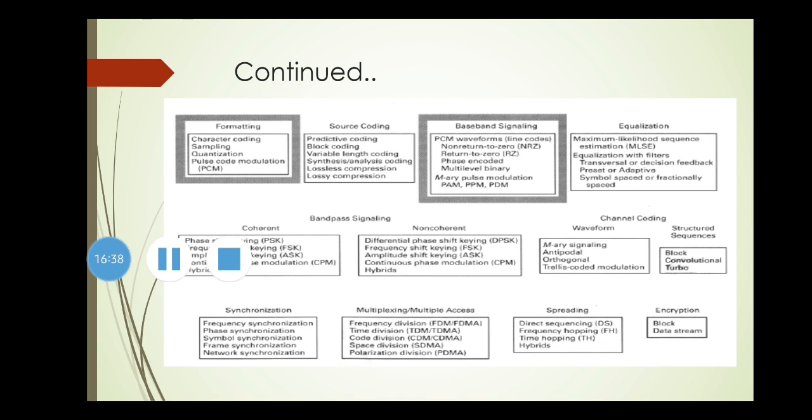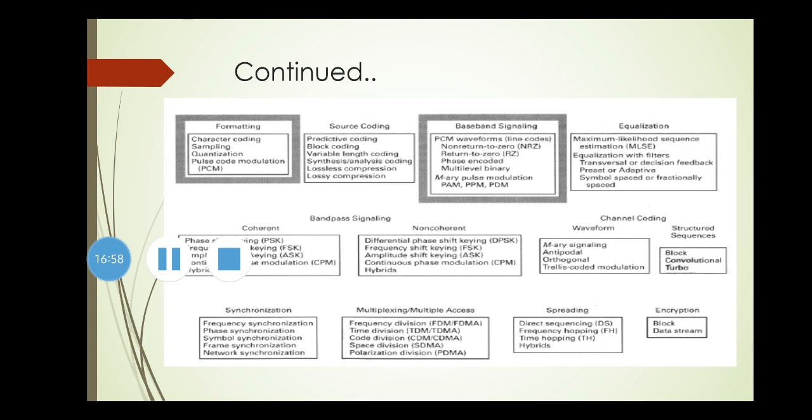Then these pulse code modulated waveforms, which we also call digital formats, are also known as line codes in telephone communication. They are labeled here as non-return to zero and return to zero. These will be involved in baseband signaling.